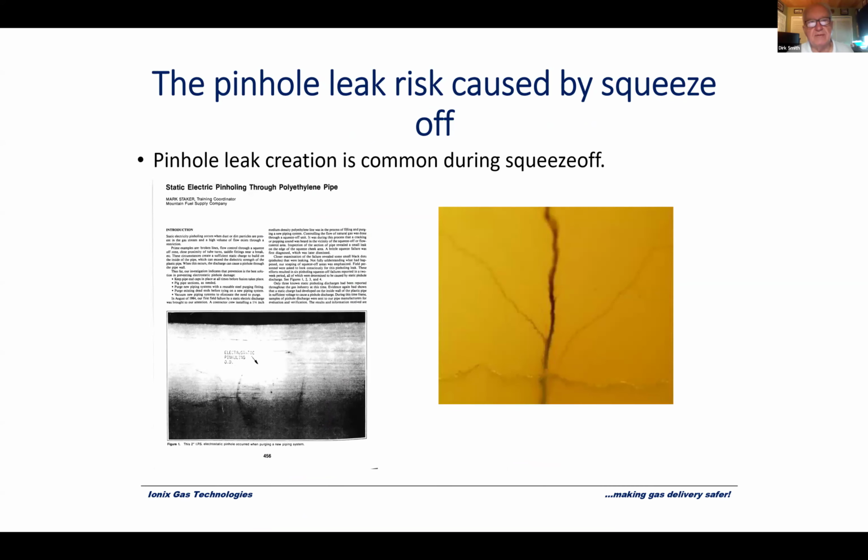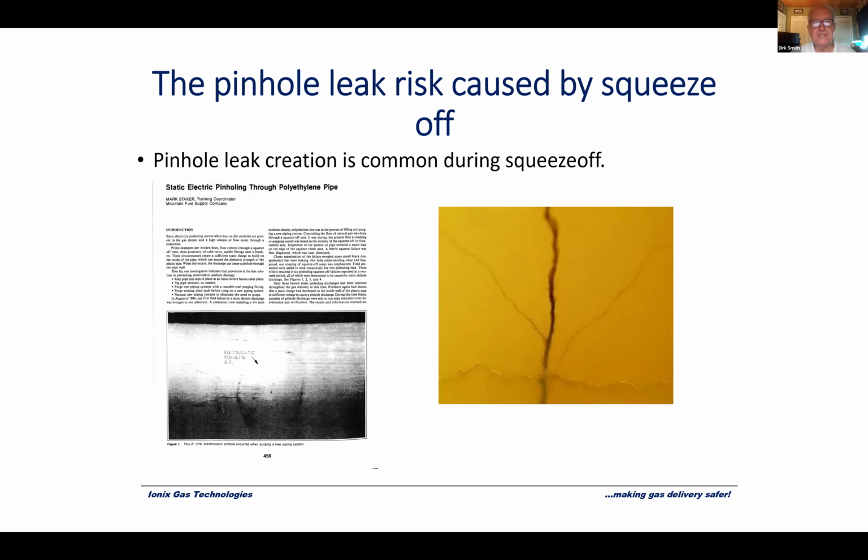Now, the second issue that comes about with squeeze off is that squeeze off creates pinhole leaks in pipe. On the left, you're going to see a paper written by Mark Staker. It was presented at the Plastic Pipe Symposium. The purpose of it was to explain how they had found, when they were doing squeeze off, that after they were finished with their O&M operation and they checked the pipe, they'd soap the pipe for leaks, they were getting pinhole leaks in the pipe that they had worked on.